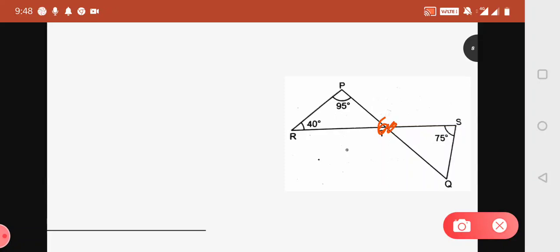Now, it is given that angle PRT, this angle, is given as 40 degrees. Angle RPT, this is given as 95 degrees. Then further it is given angle QST equals 75 degrees, and we have to find out angle SQT. This angle we have to find.